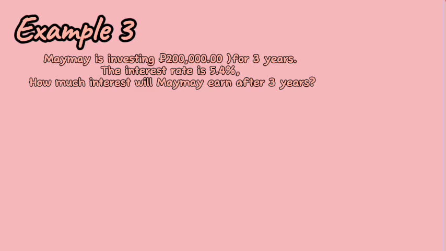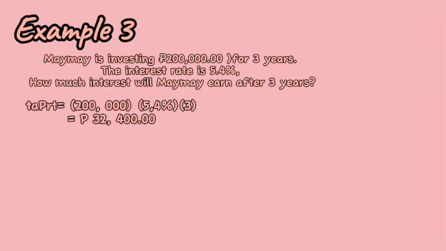Using the formula I equals PRT, we will have 200,000 times 5.4% times 3. If you're going to include the percentage symbol in your calculator, this is enough. But if you don't have a percentage symbol in your calculator, you can always transform this percentage into a decimal value. You just need to move the decimal 2 places to the left.